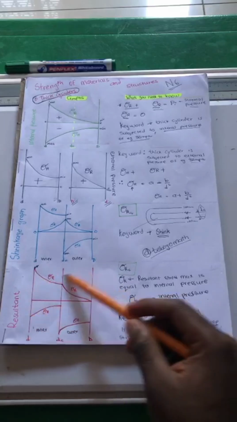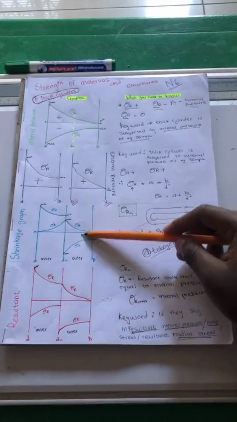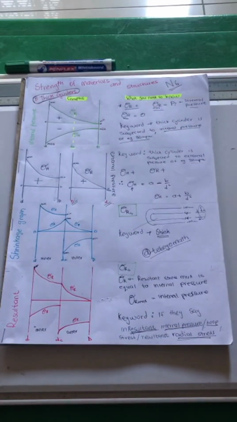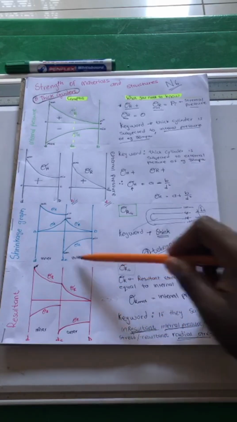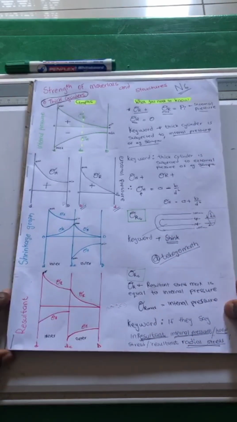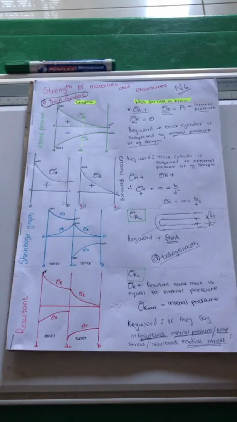Because it's gonna have to be somewhere here. There's no resultant value here. Resultants only fit here. So, if they say resultant hoop stress is 40, you use this graph. Resultant radial stress is 30, you use this graph. And they're going to give you other values that you also use. So, that's it for thick cylinders, guys.